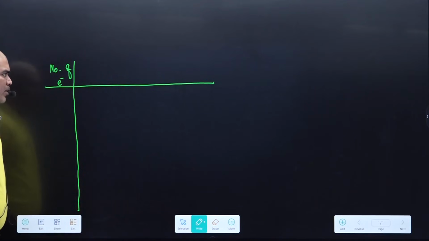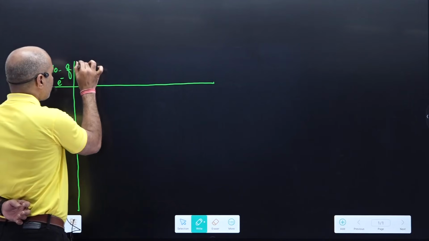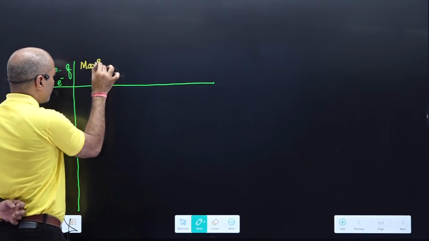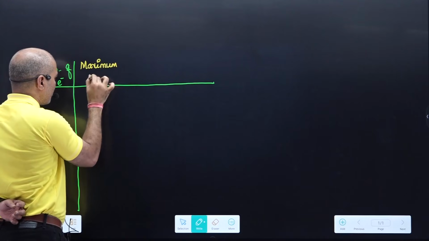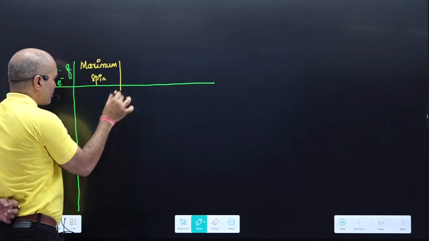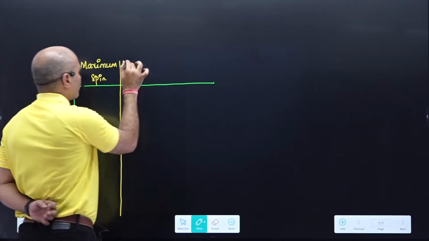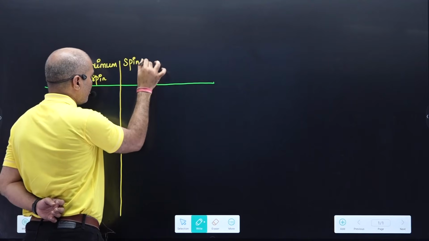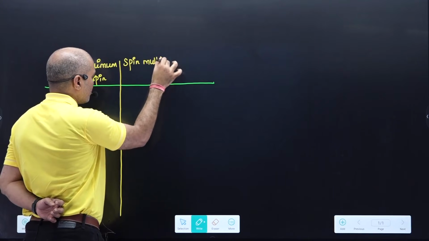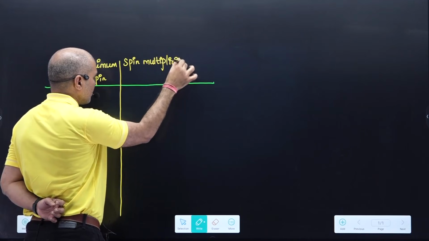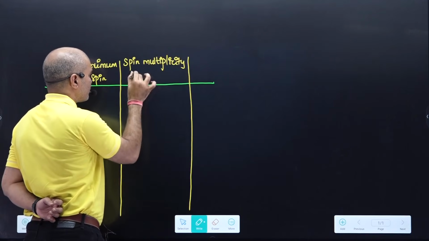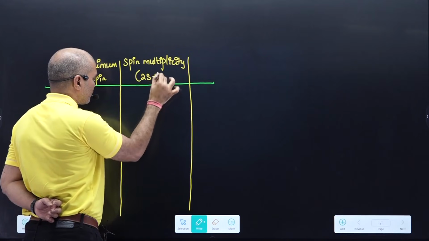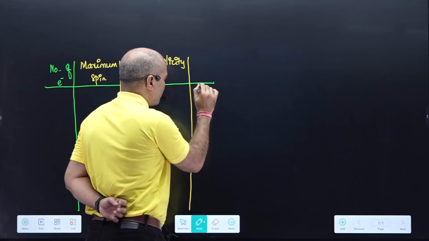Therefore, the number of possible orientations are 2s plus 1, which means 2 into half plus 1, which is 2.